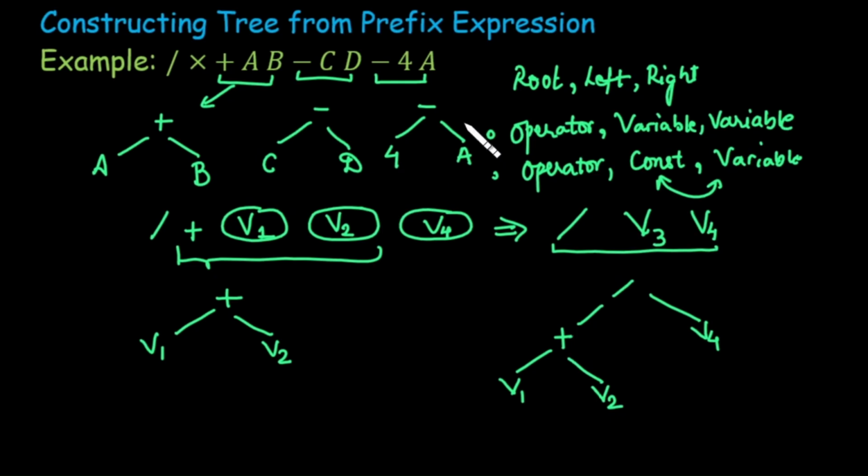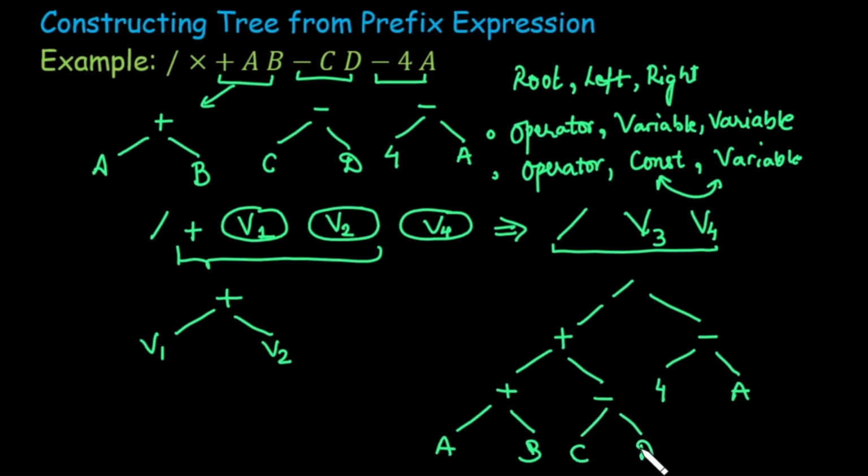V4 is this expression, write the expression of V4 here, minus, left is 4, right is A. Now what is the value of V1? V1 is this. So write the value of V1, that is plus, left is A, right is B. V2 is the value of this, that is minus, C and D as the right.